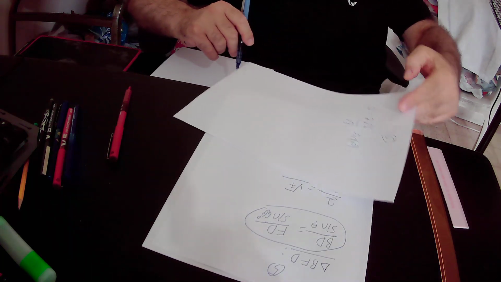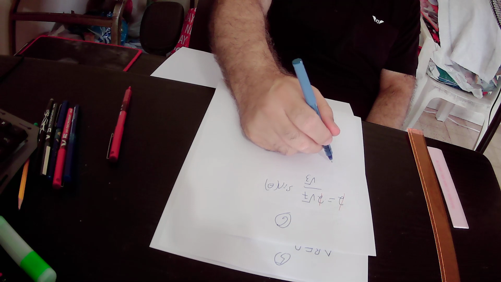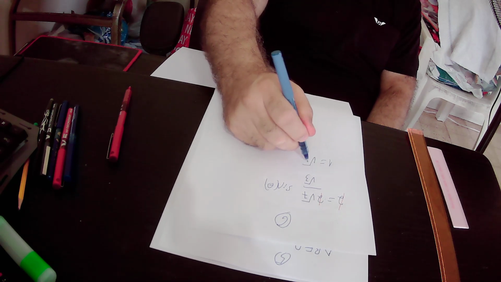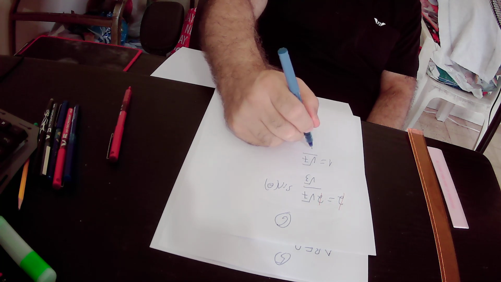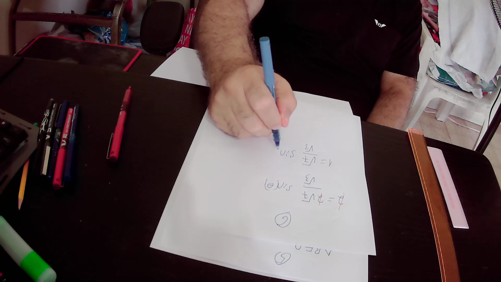What is left after we cancel 2? It is 1 equals root 7 over root 3 times sine theta.